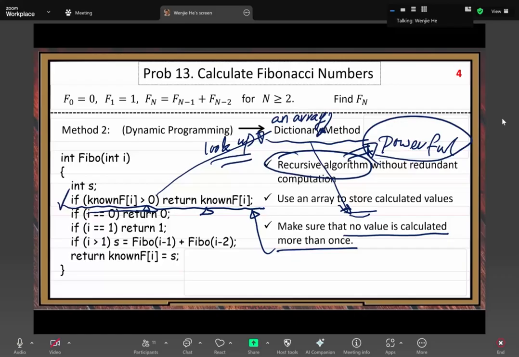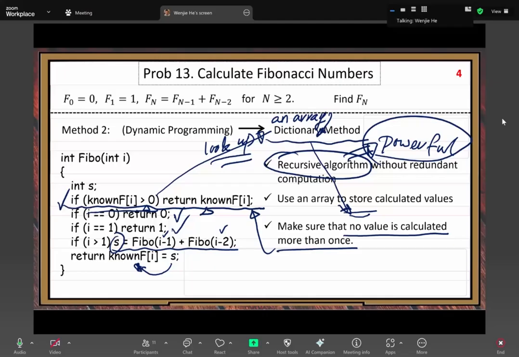All right. Then, two base cases. After that, you do the calculation by the recursive formula. You can see, here we don't worry about the recursive function call. We still do the recursive function call. But when we get a value, we store it in a temporary variable s. After you get s, you need to update the value inside your dictionary, known-F. You make it known.